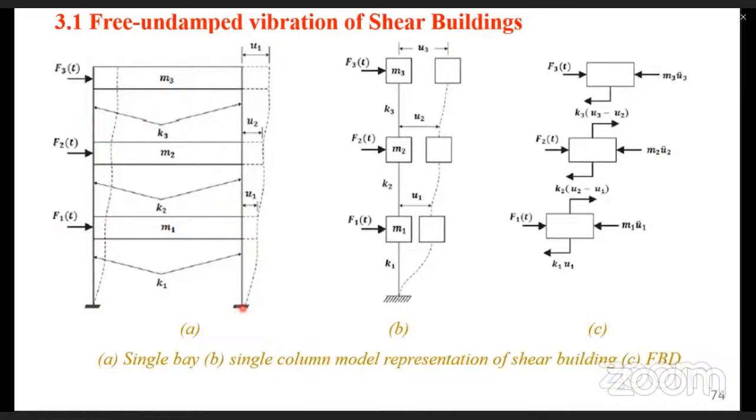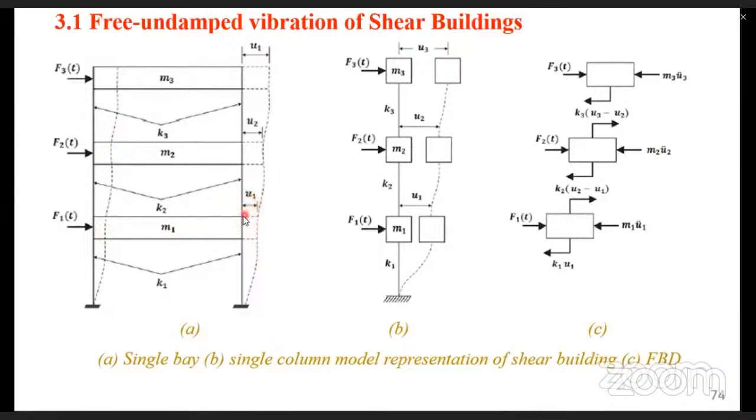It's a pinned foundation. That's why you can see even there is rotation at this foundation. But what I wanted to mention is that at the floor level, the girder level is very rigid, so there is no deformation. So when you come here, there's no rotation of these girders or the floor level mass.